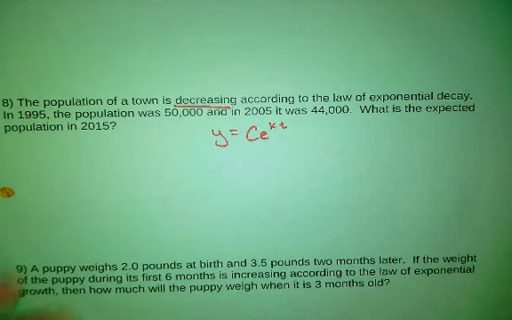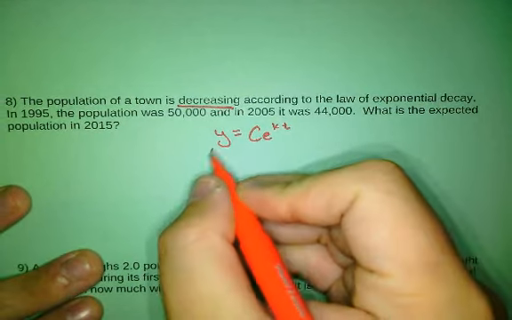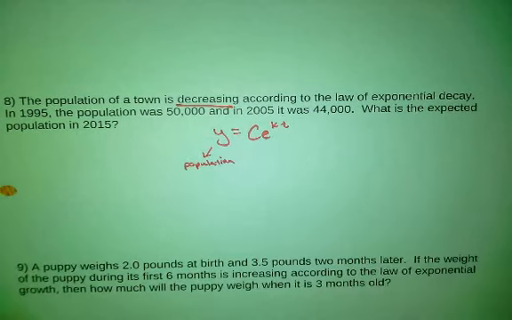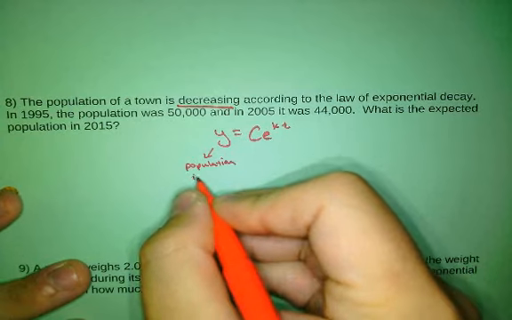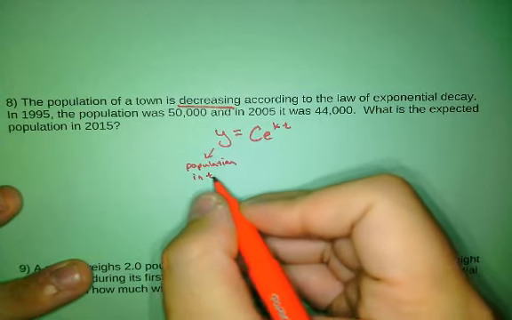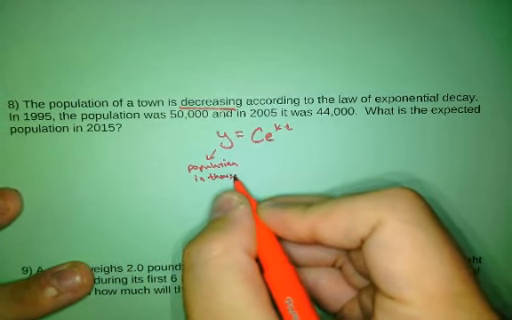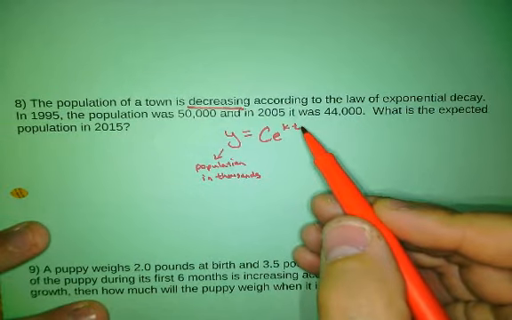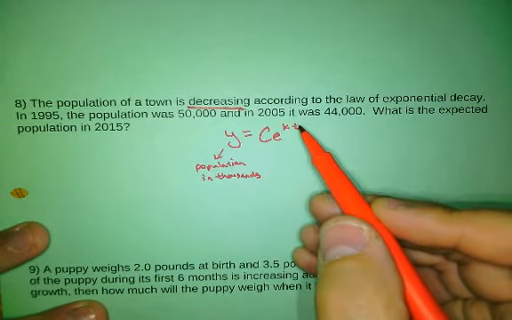What does y represent in this? It's population. Can I do this in thousands so I don't have to type all those zeros? Are we cool with that? Okay, cool. And t represents what?